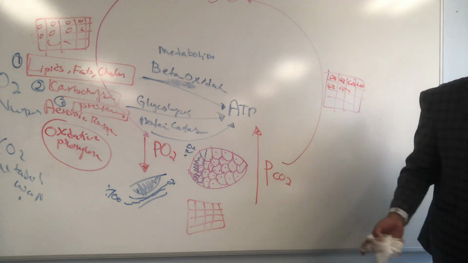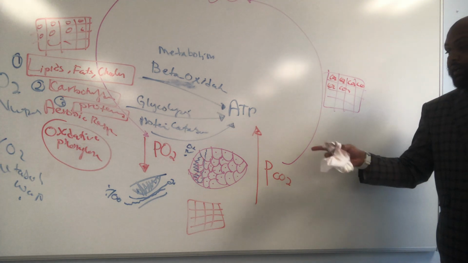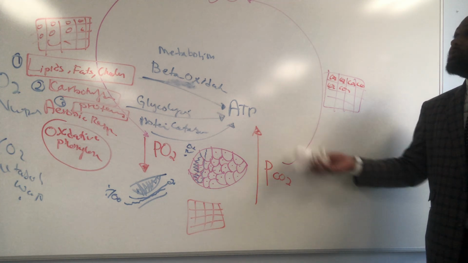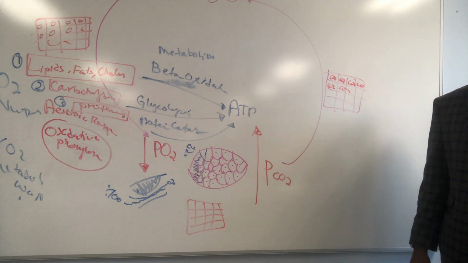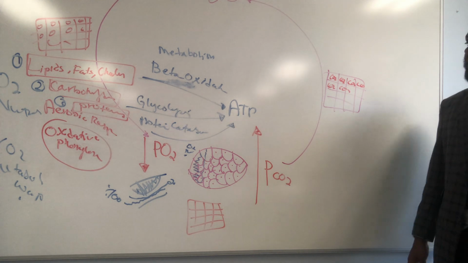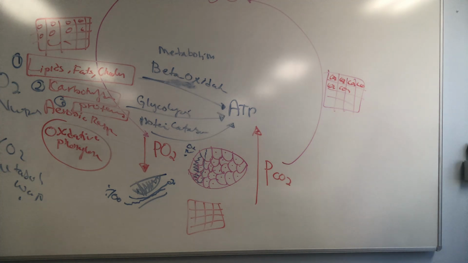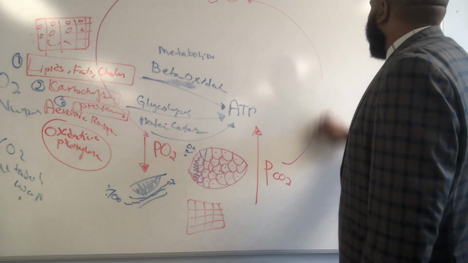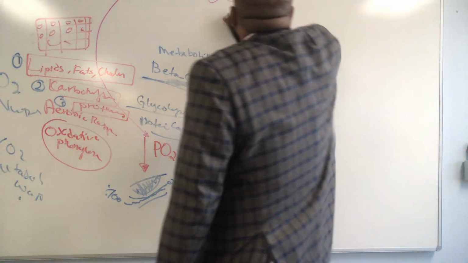Then when the seats are empty, we take carbon dioxide from an area of high partial pressure of carbon dioxide to give it back to an area of low partial pressure of carbon dioxide, and that would be the lungs. Okay, so now let us talk about this concept of diffusion.